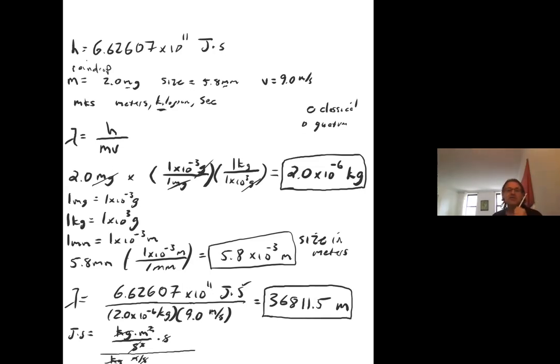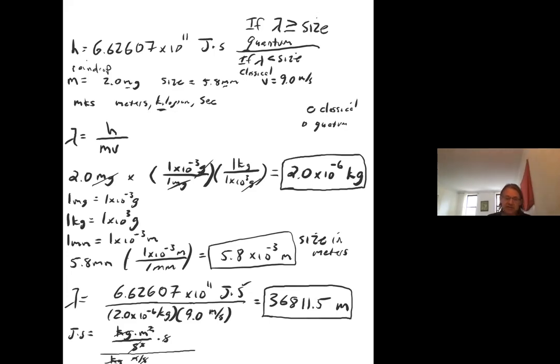Now here's how we approach this. If lambda is greater than or equal to the size, then it's quantum. If lambda is less than the size, then it's classical.